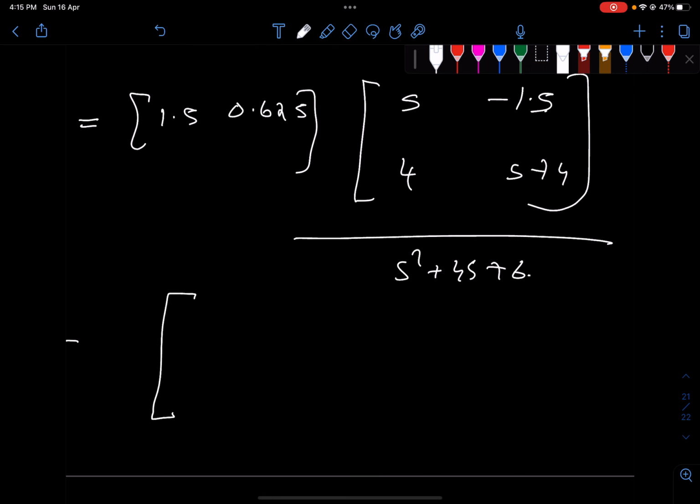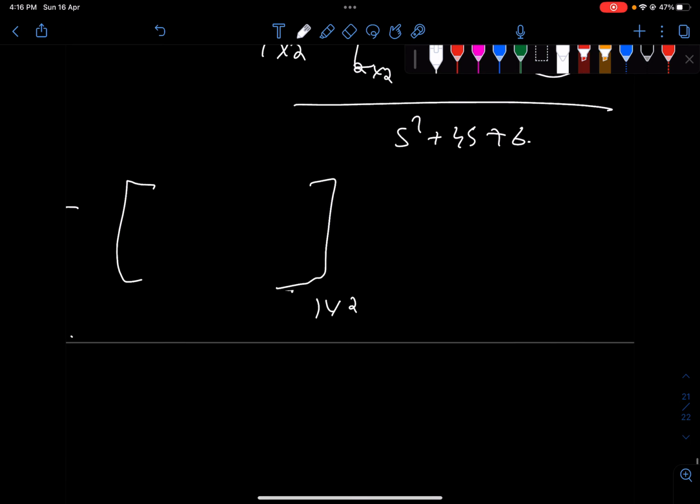It is just, so this is 1 into 2, 2 by 2. So hopefully it results in a 1 by 2 matrix divided by s squared plus 4s plus 6, right?